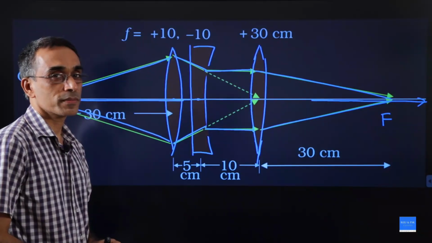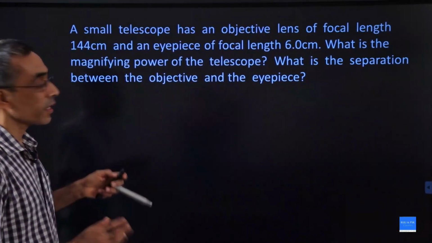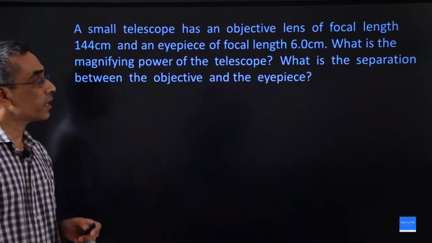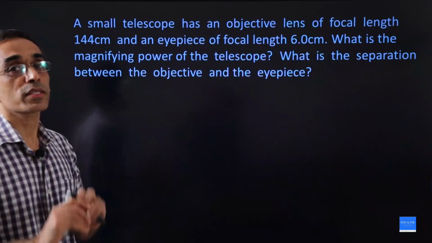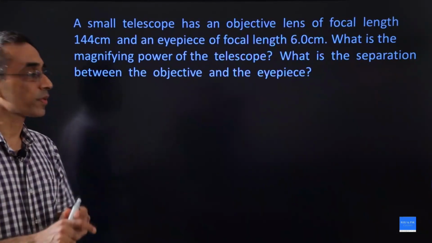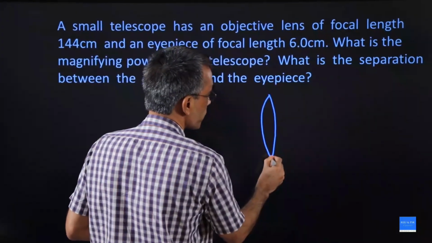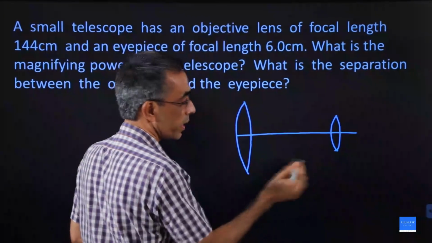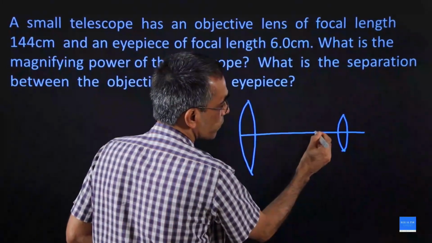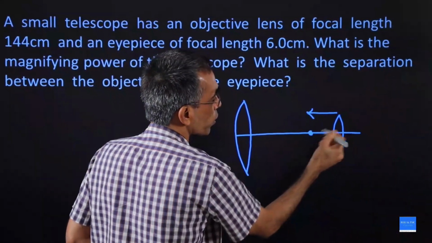Okay. This is a question about a telescope. Since it is using lenses, it is a refracting type astronomical telescope, and nothing is mentioned about the final image. So we will take the normal mode where the final image is at infinity. If the final image is at infinity, the first image must be at the focal point of the eye lens.